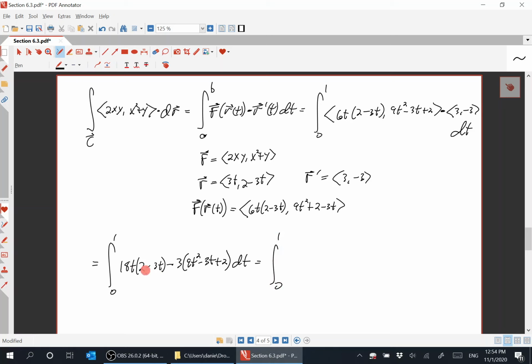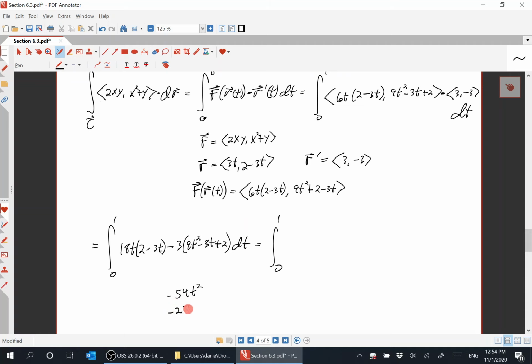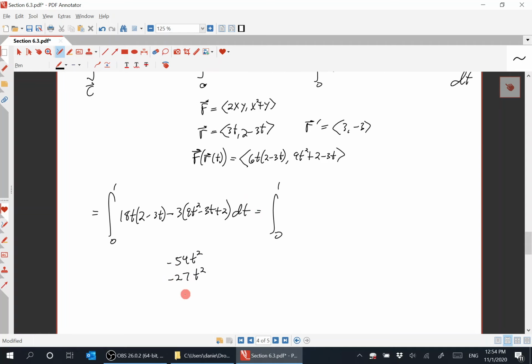Alright, so I have minus 18 times 3, 54, minus 54t squared, minus 27t squared, so that's minus 81t squared, right? And now I've got 36t minus 9t. 36 minus 9 is 27t, plus, minus 6 dt.